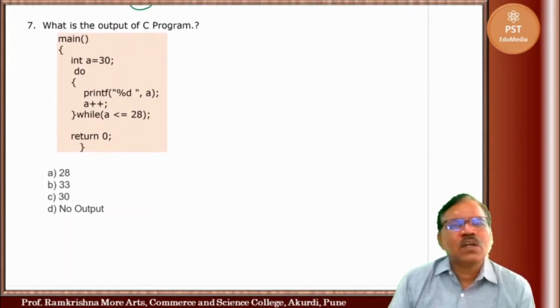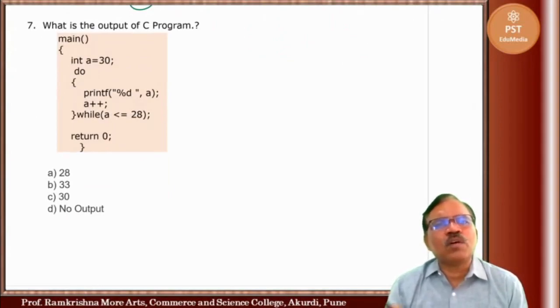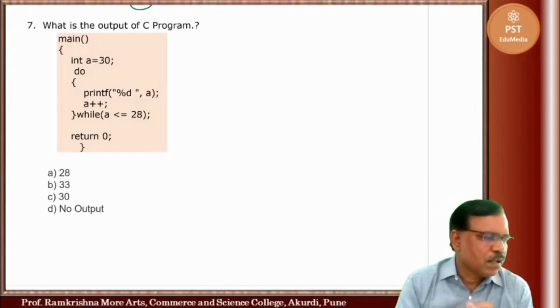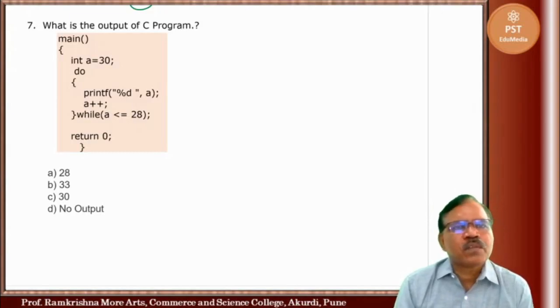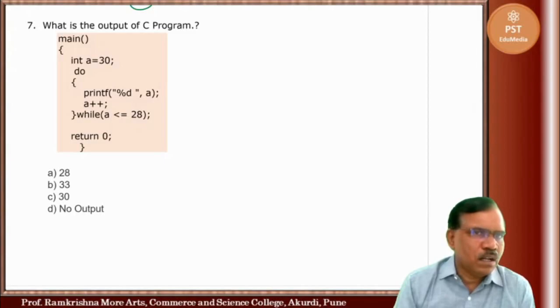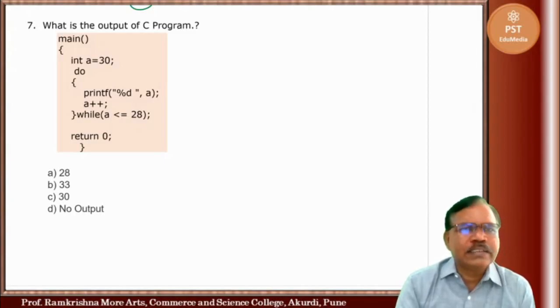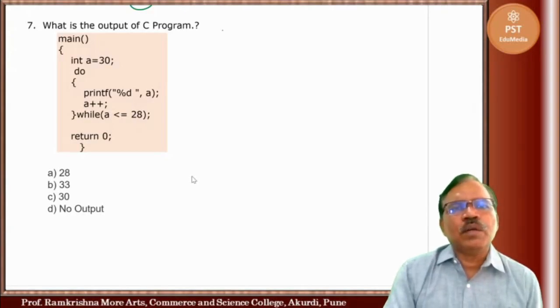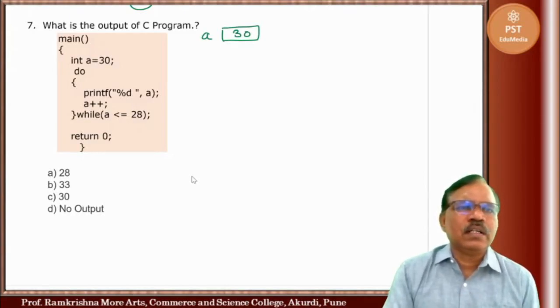Now next one. What is the output of the program? A simple program is given. Main, then inside main int a equal to 30. So at the memory location of a, 30 is stored. Then do. So what happens?